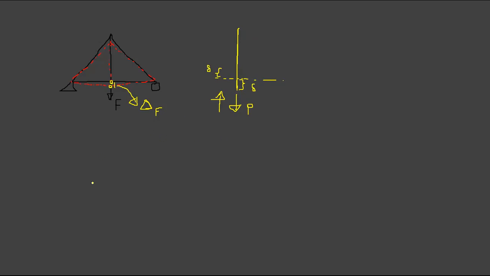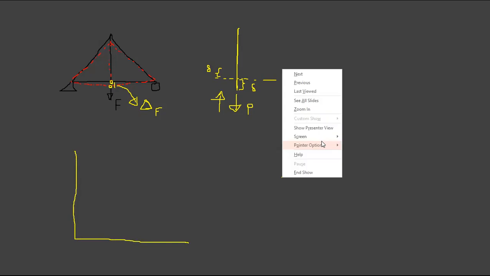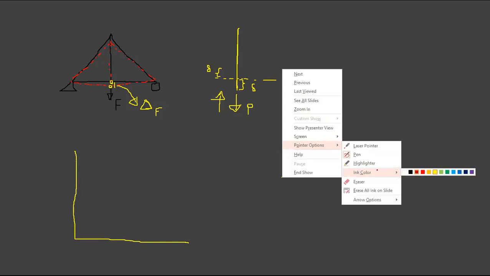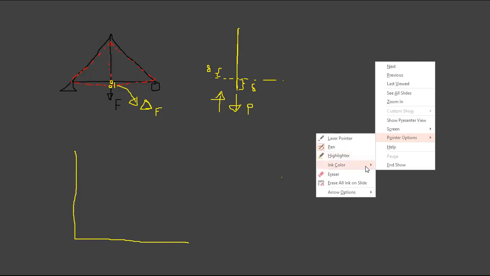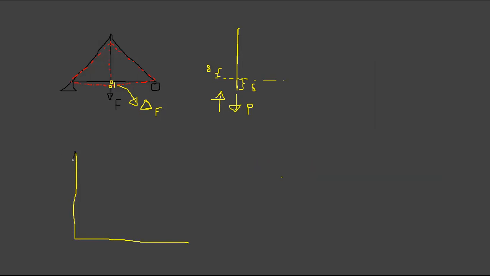Okay. So what actually happens is, if you increase this f, right? So this f and your delta are linear, right? So draw a curve like this, okay, this is your delta and force.